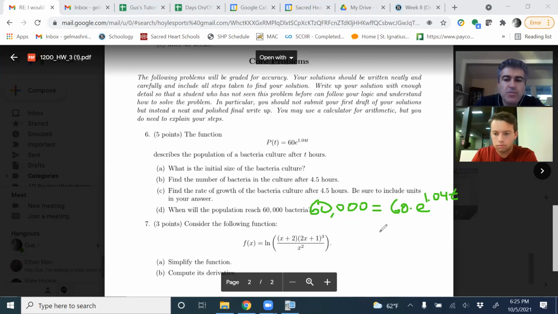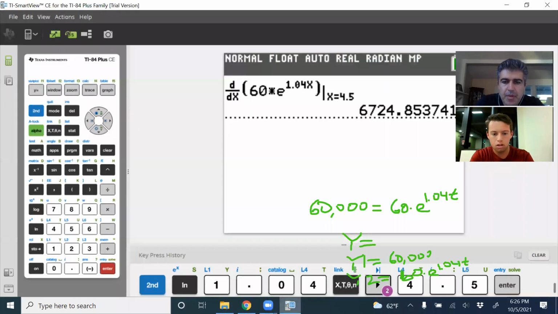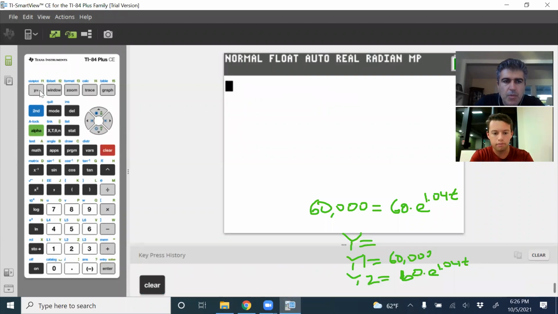So what we're going to do, we're going to hit Y equals. Y1. Wait, where's Y equals? Top left corner. Oh, that's right. Y1 will do that. Wait, would it be second Y equals or just Y equals? Y equals. Oh, okay. So I'll show you. I got it. Yeah. You go to Y equals.